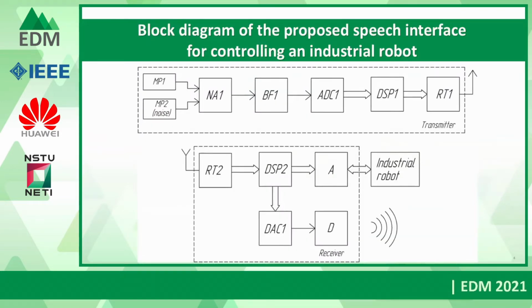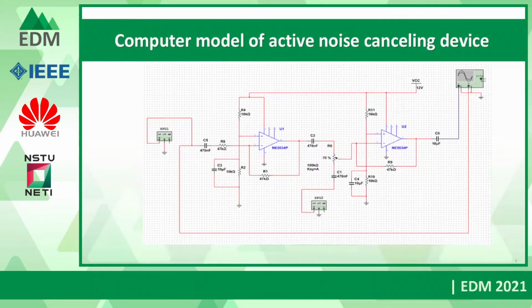This slide shows the block diagram of the system. The system consists of two parts, a transmitter and a receiver. In the work, a circuit simulation of an active noise suppressing device was carried out. A computer model of the device is shown on this slide.